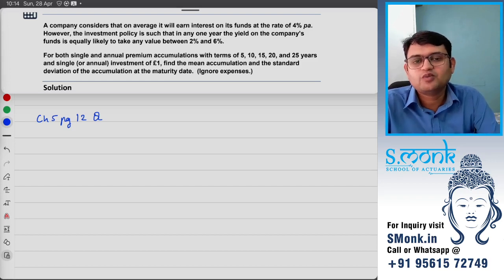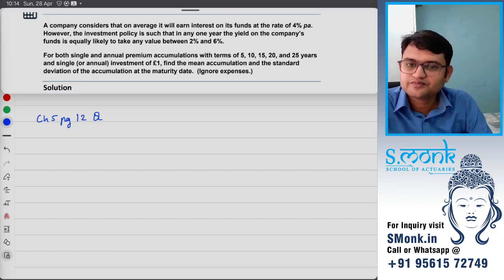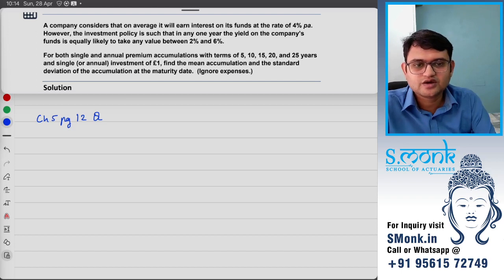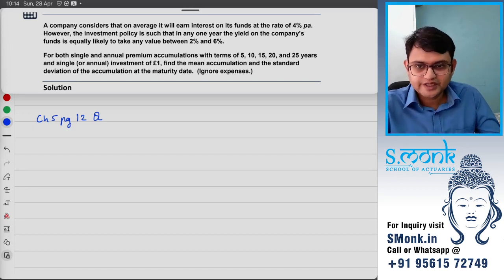However, the investment policy is such that in any 1 year the yield on the company's fund is equally likely to take any value between 2% and 6%. For both single and annual premium calculation with the term of 5, 10, 15, 20 and 25 years, the single or the annual investment of 1. Find the mean accumulation and the standard deviation of the accumulation at the maturity date.